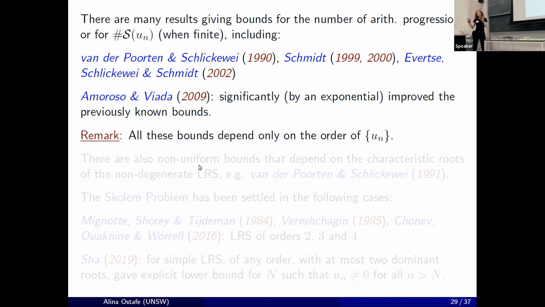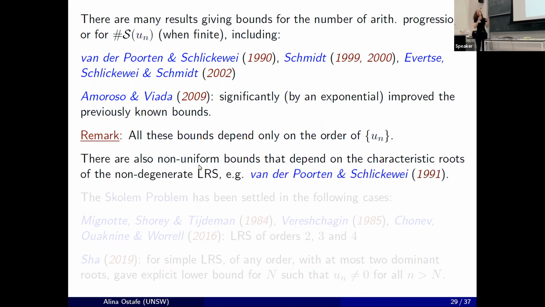And all these bounds depend only on the order of the sequence. There are also non-uniform bounds, which depend on the characteristic roots, which may be of use for various applications that need information on the roots. For example, such a result was given by van der Poorten and Schlickewei.